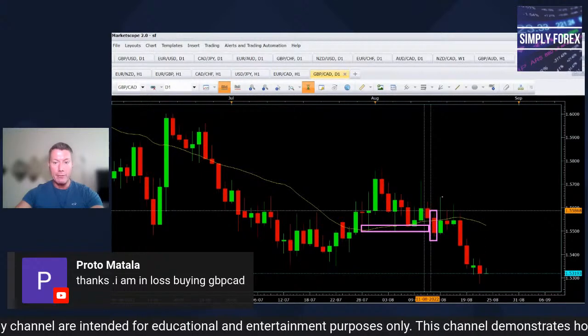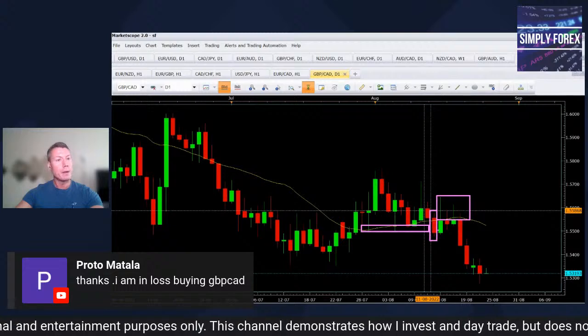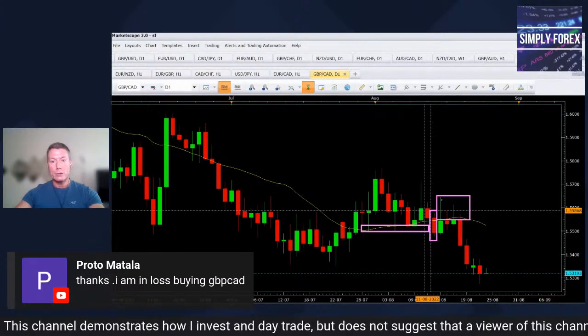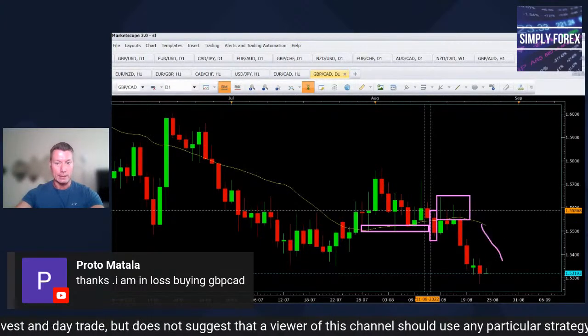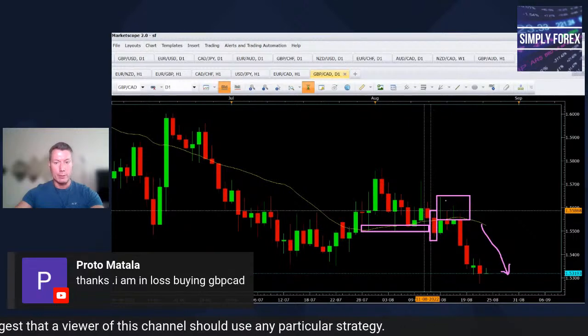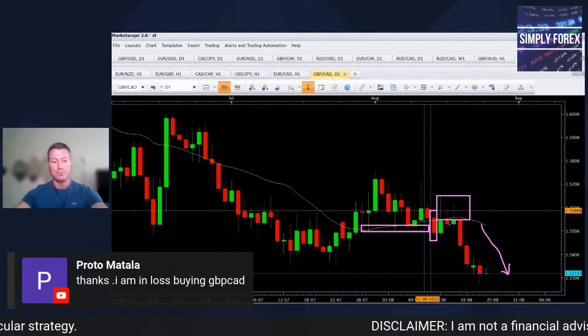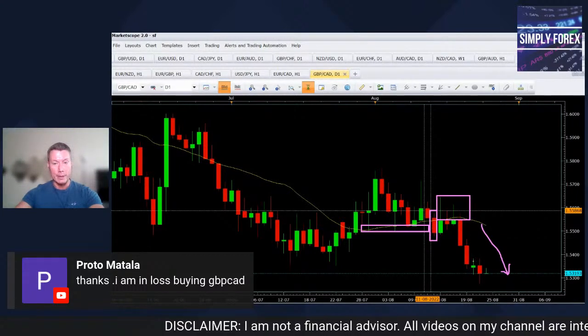And I remember every day we were looking at all of these wicks here. Some of my regular viewers will know we were looking at this. It took a while to eventually come down, but as you can see, it did come down nicely and we made nice profit.